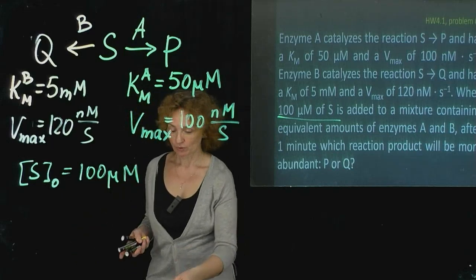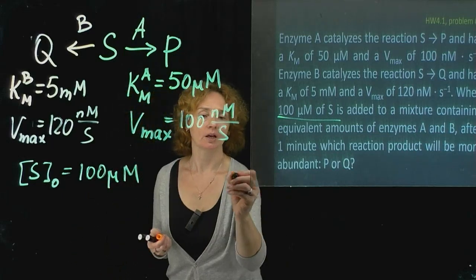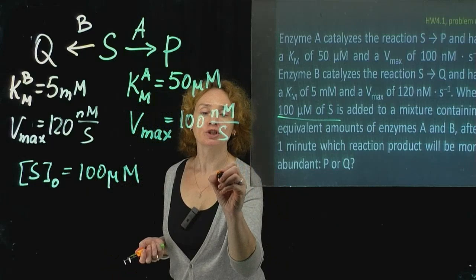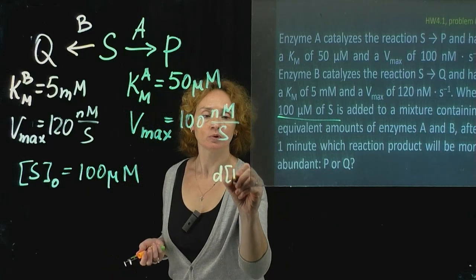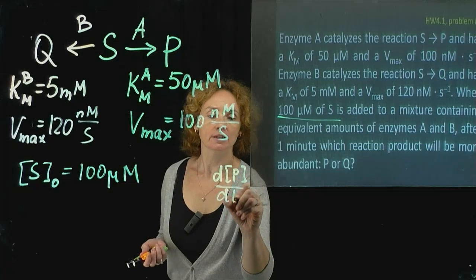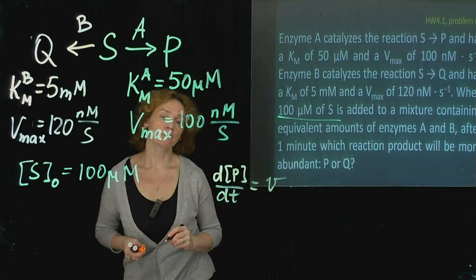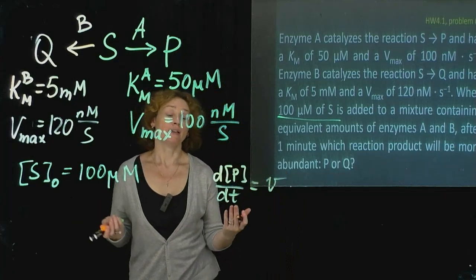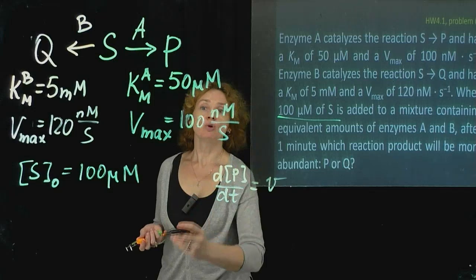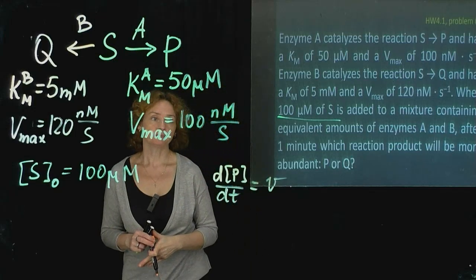So we know that the change in product concentration over time is actually our velocity, right? So the higher is velocity, the more product is formed, right?